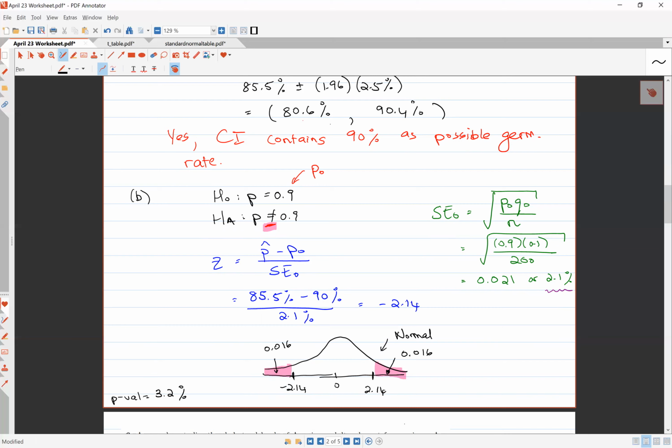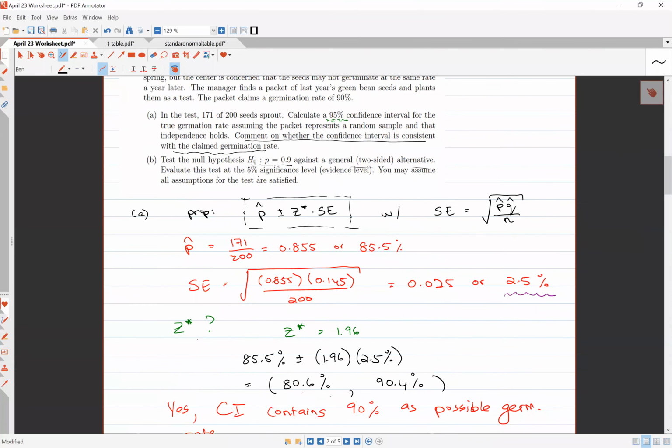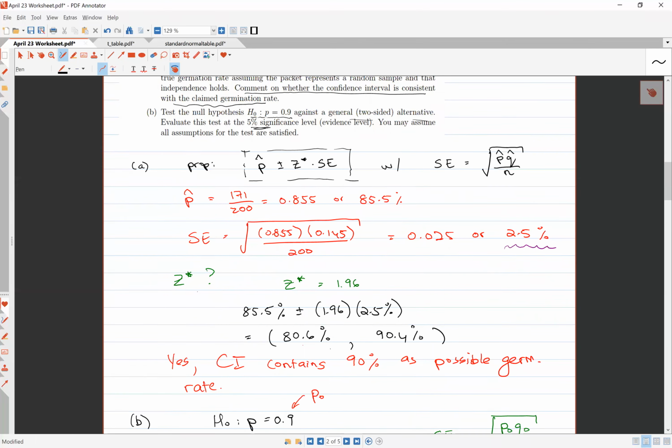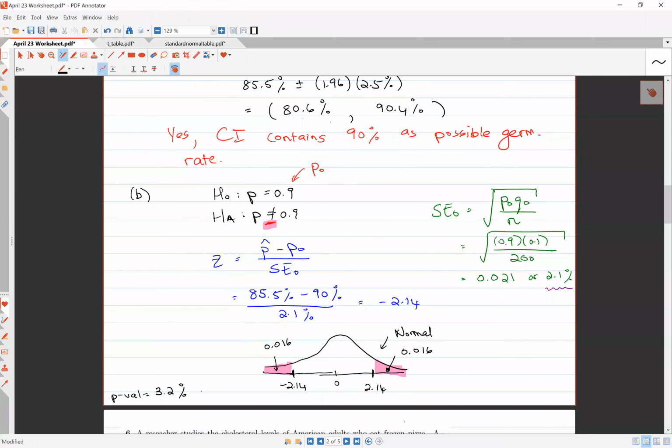We are comparing that against a 5% significance level. And so the p-value is small, which means we reject the null hypothesis. Our null hypothesis said the true germination rate is 90%.